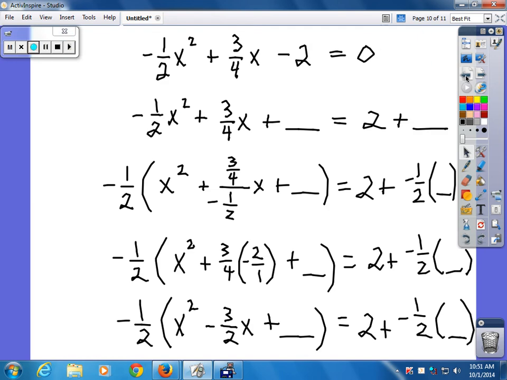All right. What am I doing right here? Taking the first number out. I'm factoring out a what? A negative 1/2. What do you do when you factor? You take it out of everything.